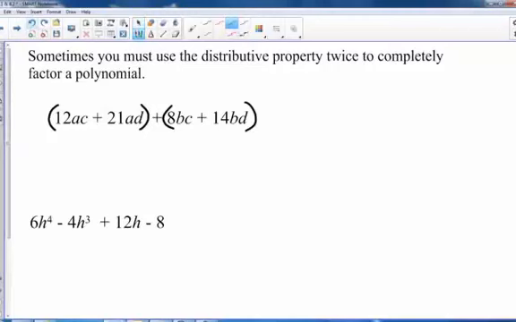Now, my greatest common factor in the first two is 3a. And when I take a 3a out, I am left with 4c plus 7d.